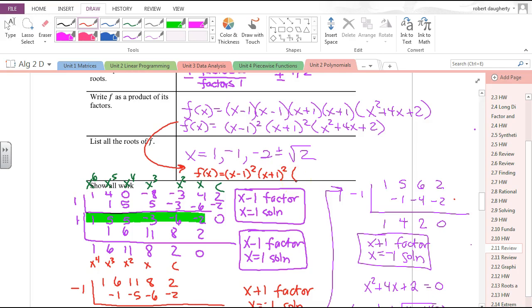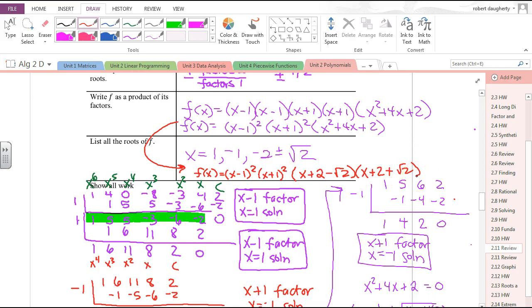Negative 2 plus root 2 and negative 2 minus root 2. So this is going to be x plus 2 minus root 2, x plus 2 plus root 2.